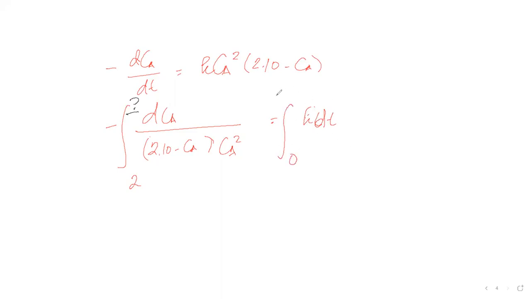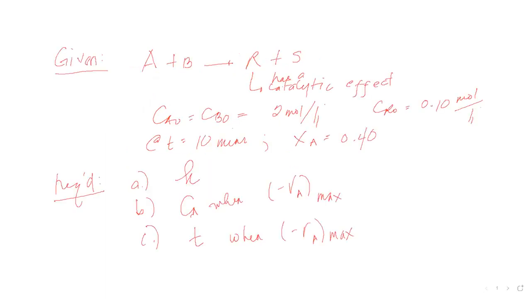This would be 0 to what time? So we're given what? And go back to the given so you will recall what to apply. What information here will you use? In the given, that way we can find the CA and the time.